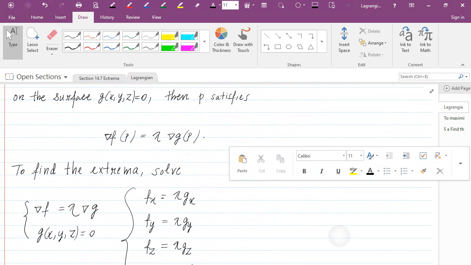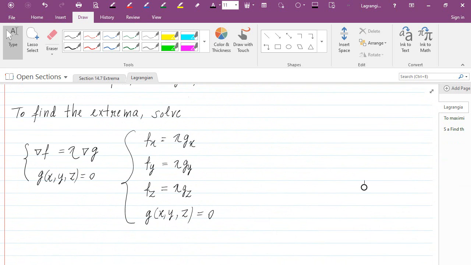So to find the extreme values, then we have to solve the system of equations. Gradient of f is equal to lambda times the gradient of g, and g of x, y, z equal to 0. The first equation here actually gives us three equations: the partial of f with respect to x is lambda times partial of g with respect to x.